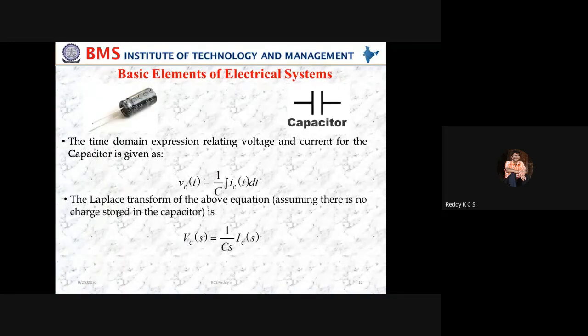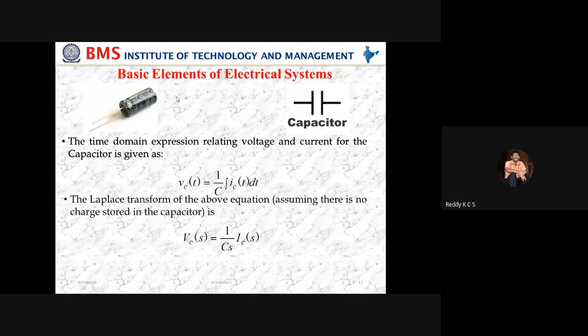Coming to another element, the capacitor. The capacitor can be shown like this, and the symbolic representation of the capacitor looks like this. In an electrical network, two vertical parallel lines represent a capacitor.